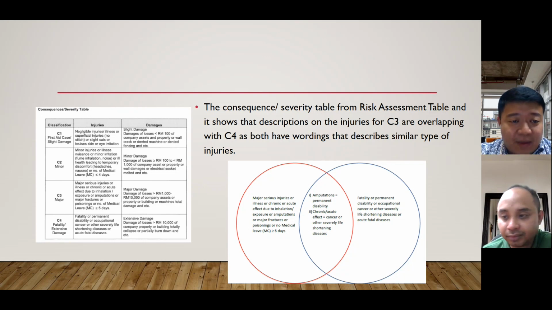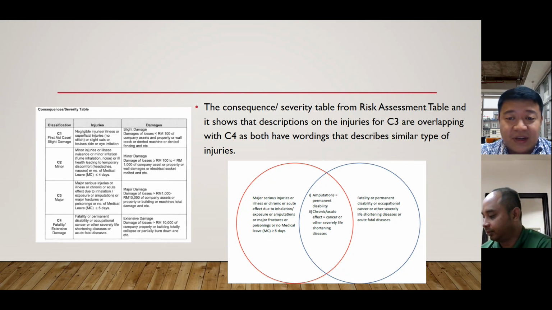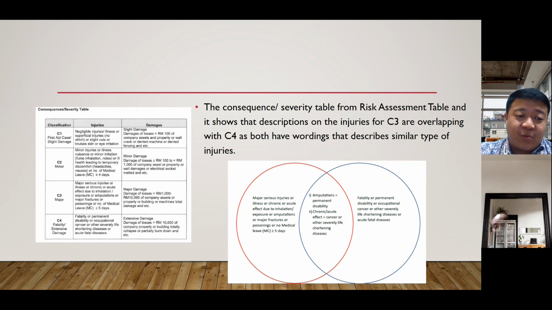And then same also with the wording chronic or acute effect due to inhalation. It can have a meaning of having cancer as well, because there's a possibility of getting occupational cancer, acute occupational cancer, when exposed to higher levels of carcinogen.